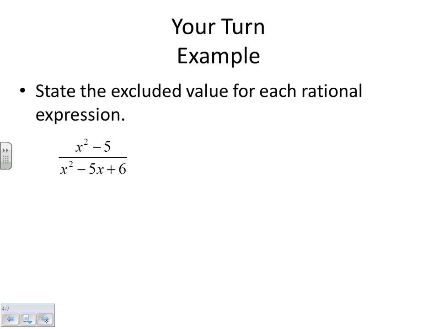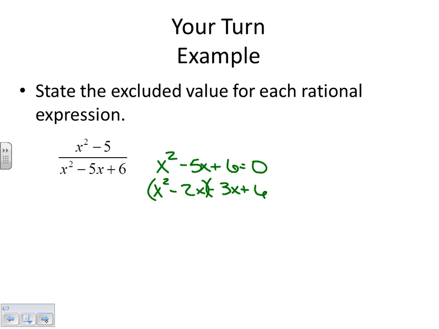Okay, I want you to try this one. Set your denominator equal to 0, and this one's going to be a little different than the last one because we've got a factor first. Pause me, and when you're ready for the answer, go ahead and replay me. All right, so we've got x squared minus 5x plus 6 equals 0. We factor this into x squared minus 2x minus 3x plus 6.